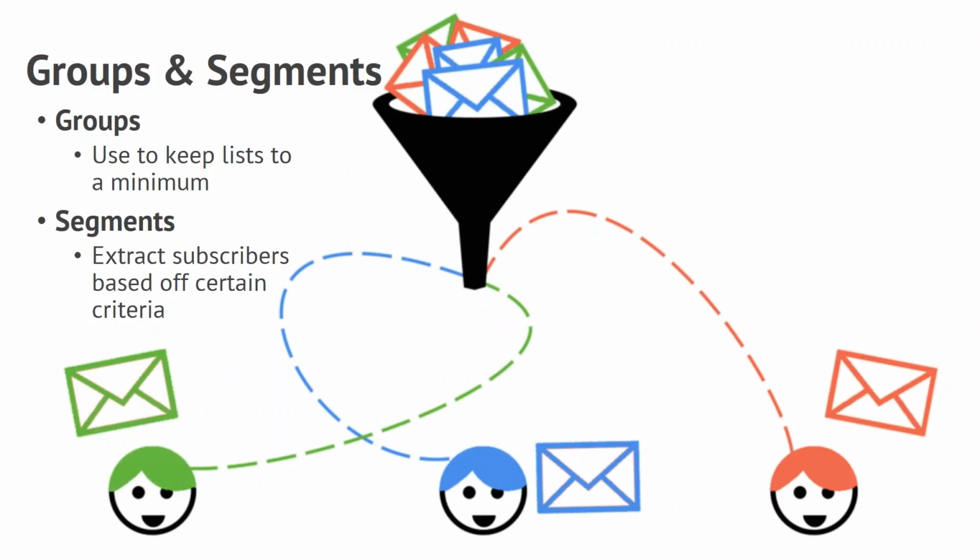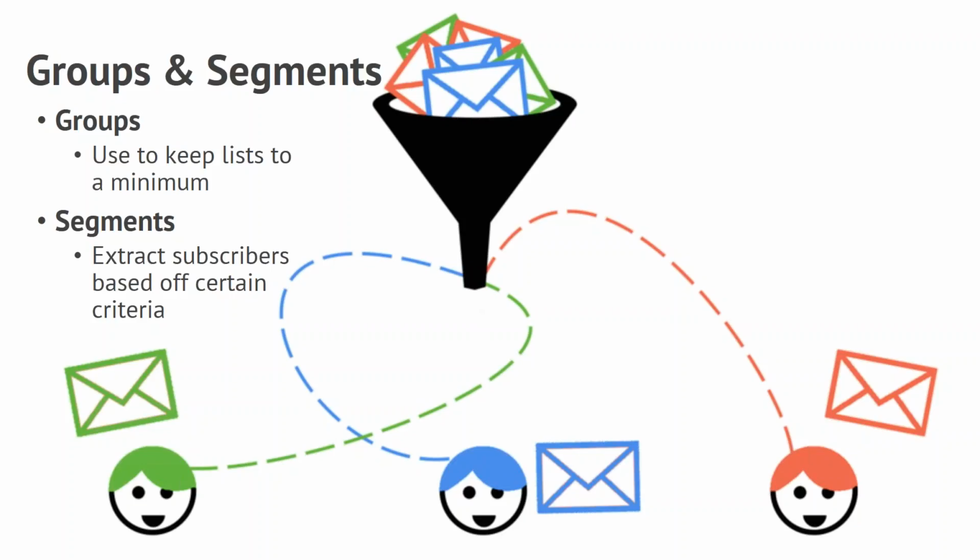So if we have them on the one list and we use the groups, then we can get 2,000 people on our database, versus if we duplicated our list and we had the same 2 groups of 1,000 people, then we would have 2,000 people on our account and we wouldn't be able to use the free account anymore.